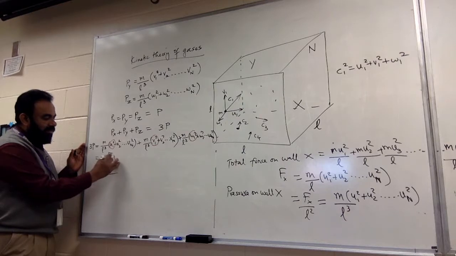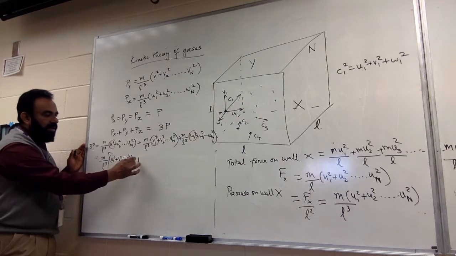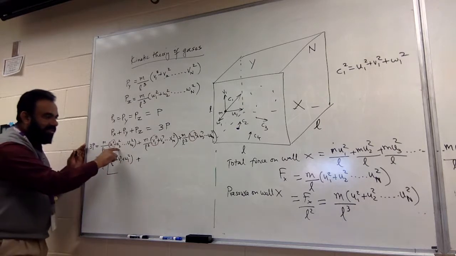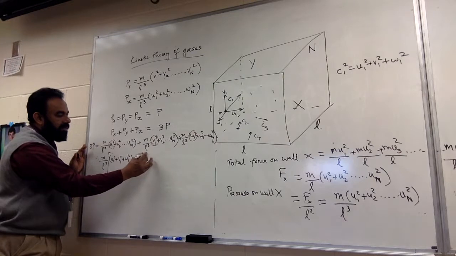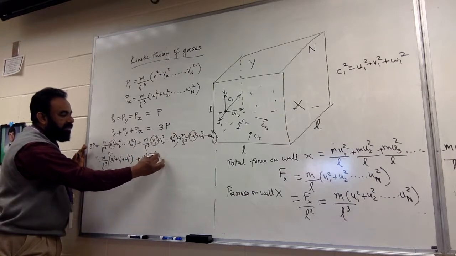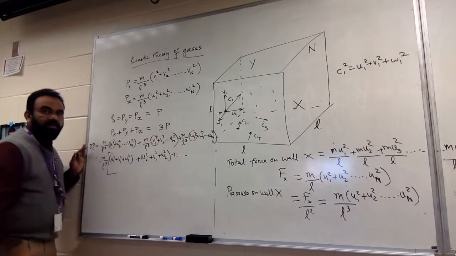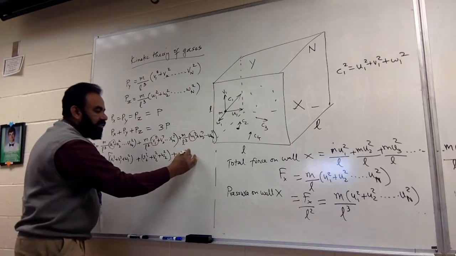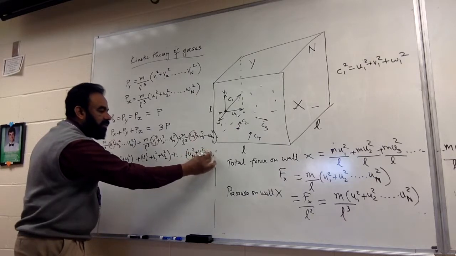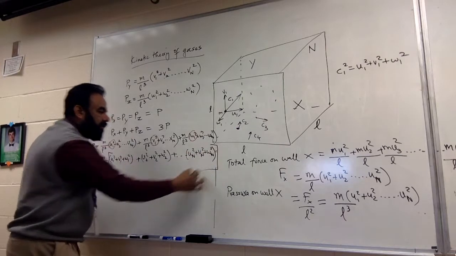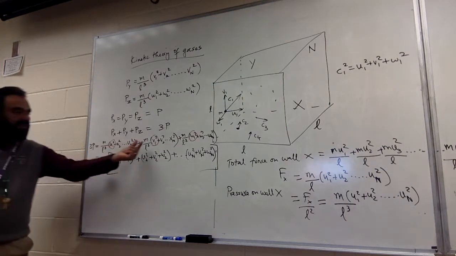I'm collecting u1 square plus v1 square plus w1 square plus, now I'm collecting those, u2 square plus v2 square plus w2 square plus, and the last one is un square plus vn square plus wn square. Make sense? I've just collected them.